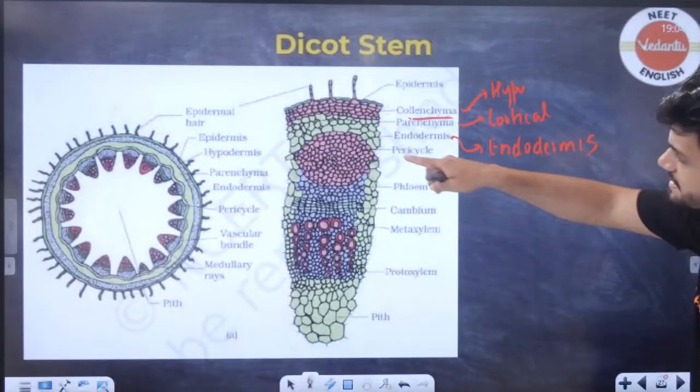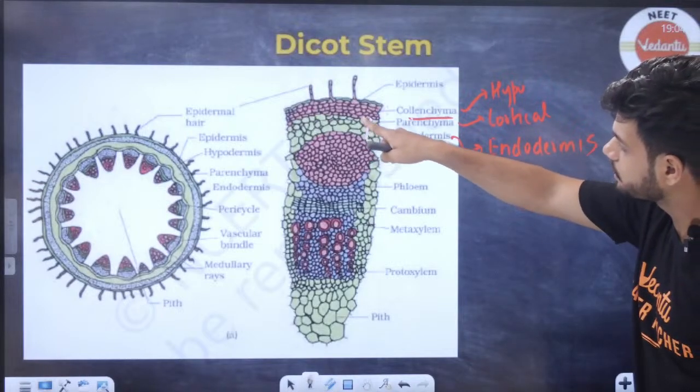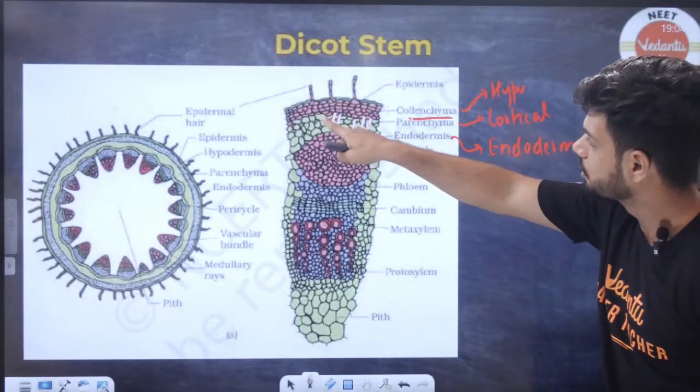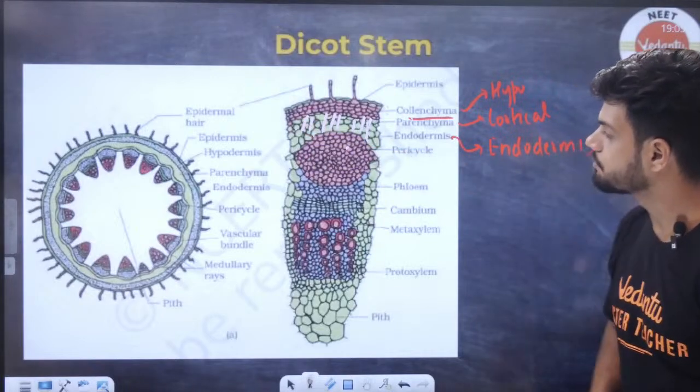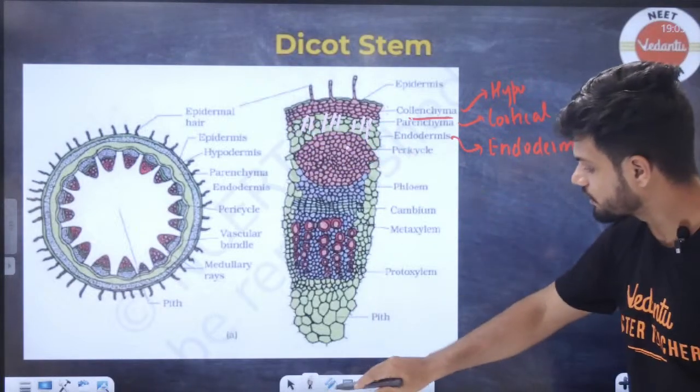Now, students, the next layer is called your cortical layer. Can you see this? Most of this part is your cortical layer.